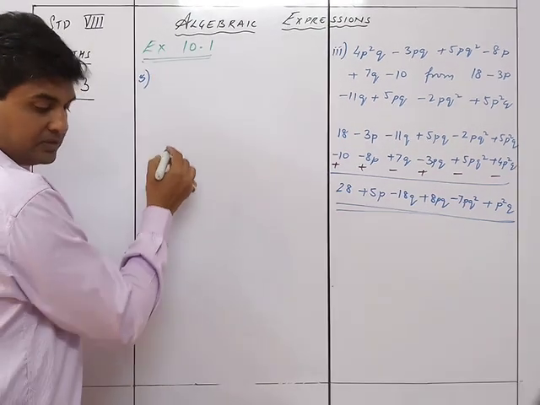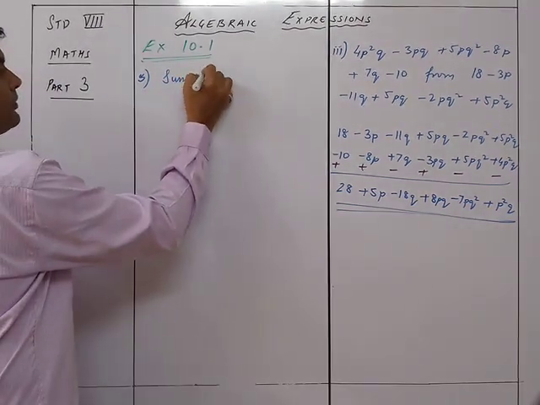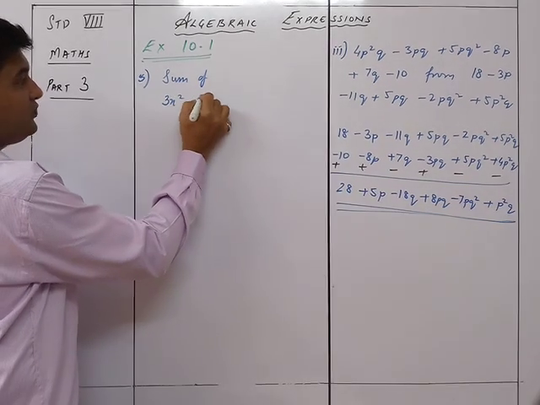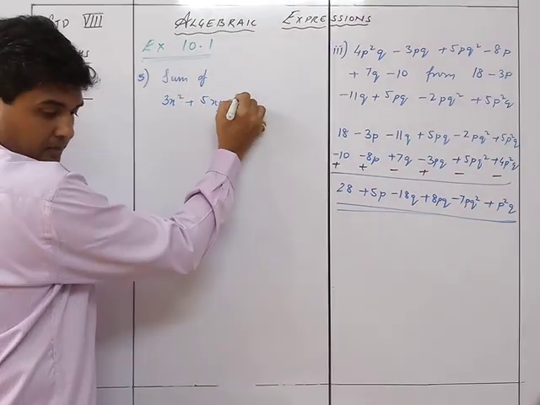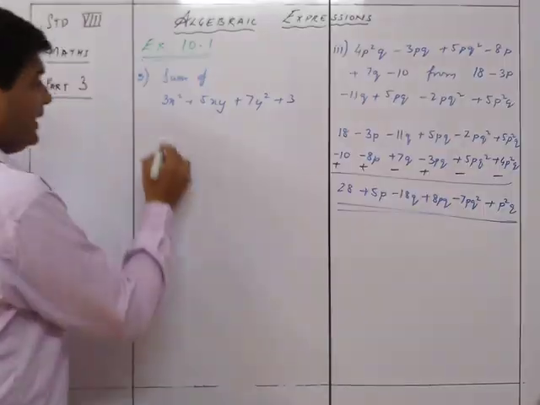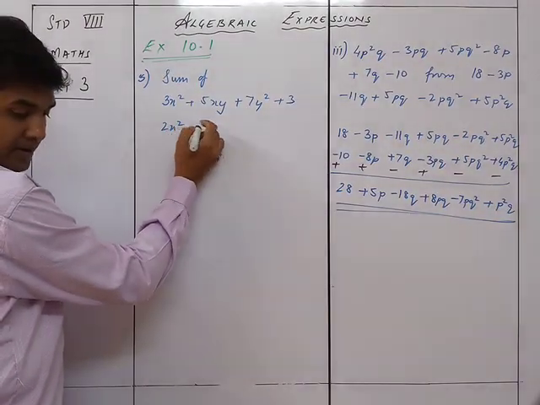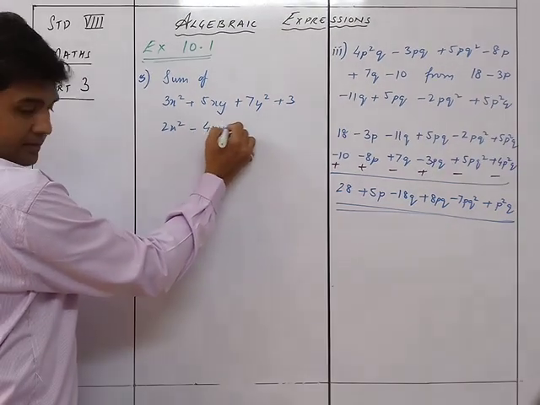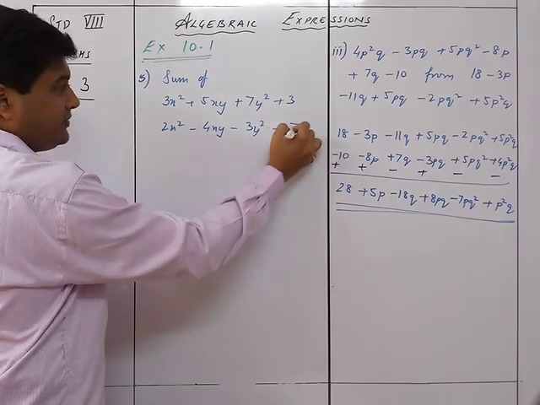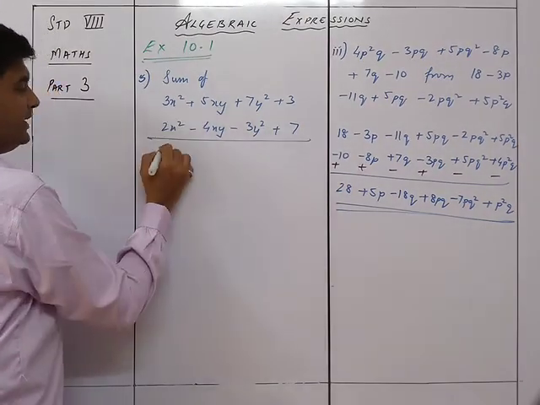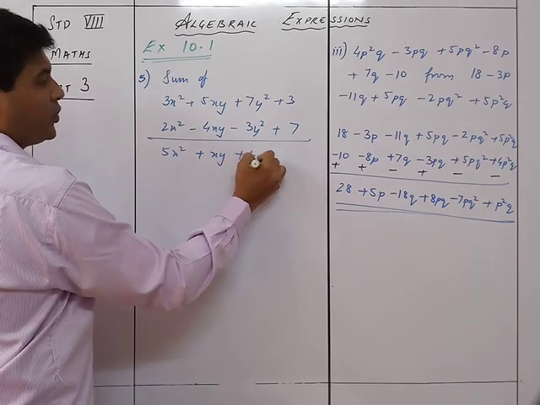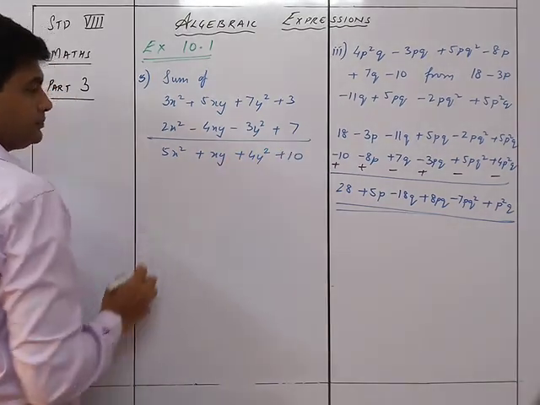So it is the sum of 3x square plus 5xy plus 7y square plus 3 and 2x square minus 4xy minus 3y square plus 7. Adding it up, we get 5x square plus xy plus 4y square plus 10.